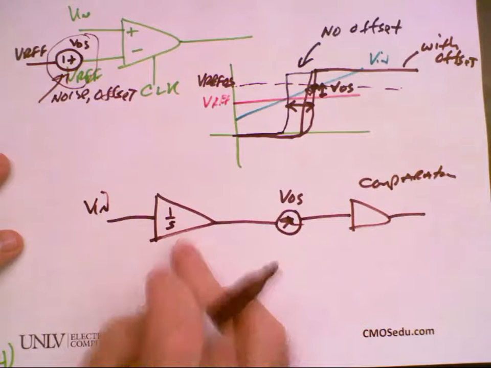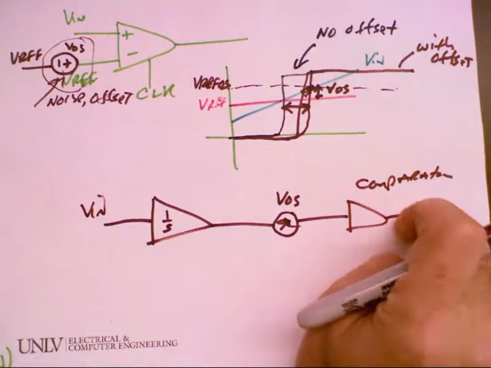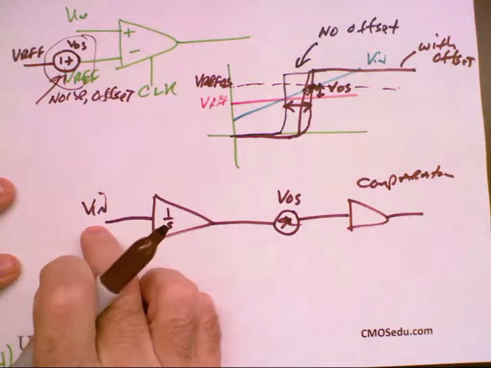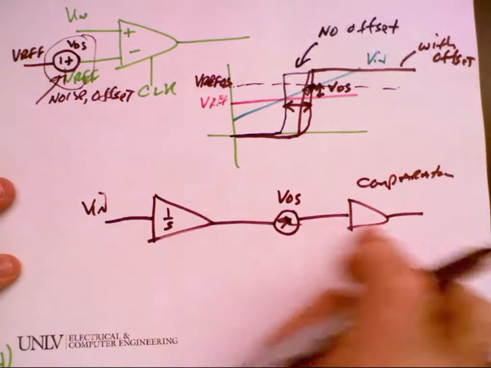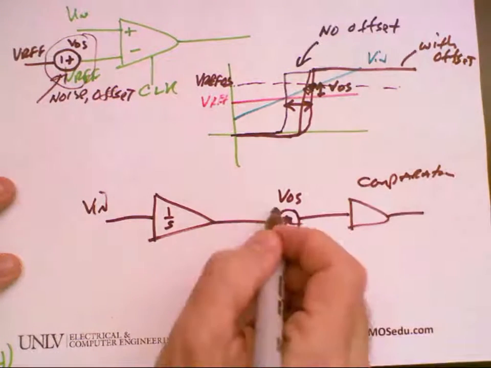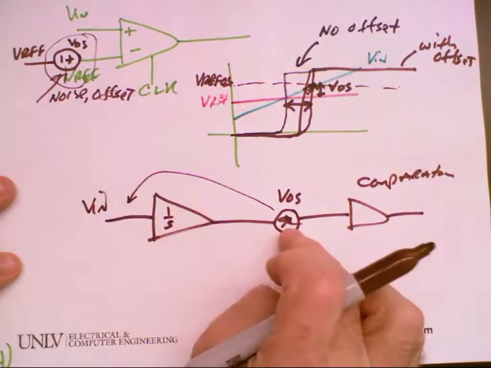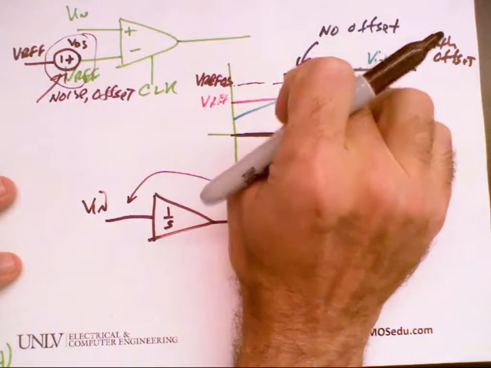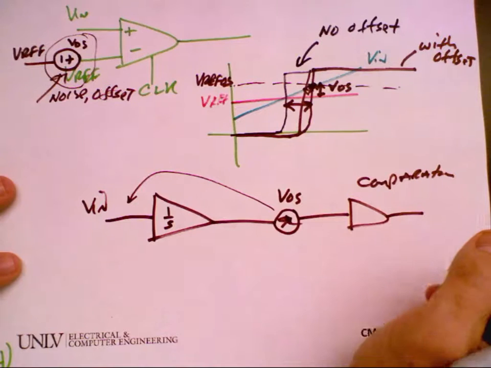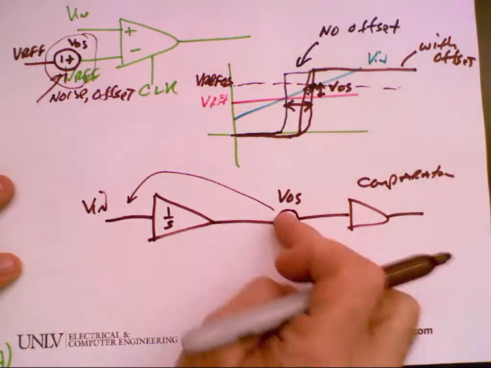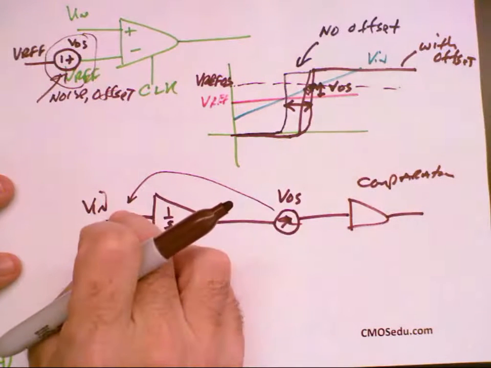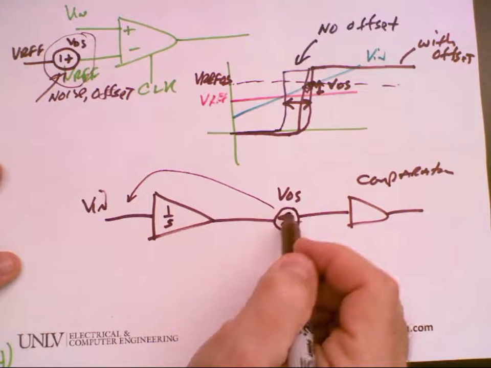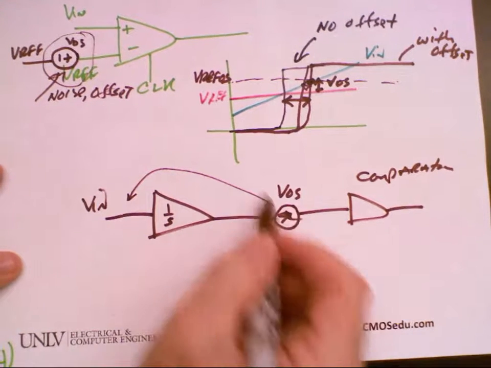Okay, so I want to see how this comparator's offset is influencing the input. So my comparator's offset noise, I'm going to refer it back here, because remember, this is a model to predict what happens here when I don't switch at the right place. So I refer it back to the input. What I want is a source here that is the equivalent once I refer it back here.